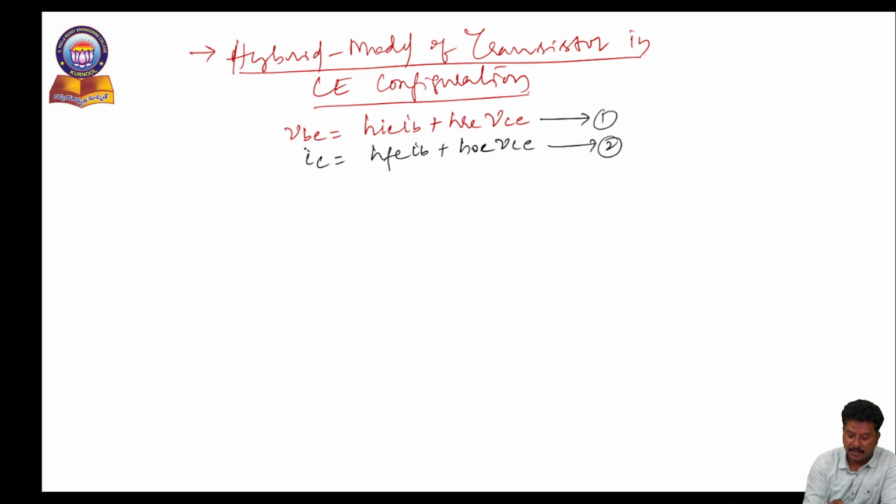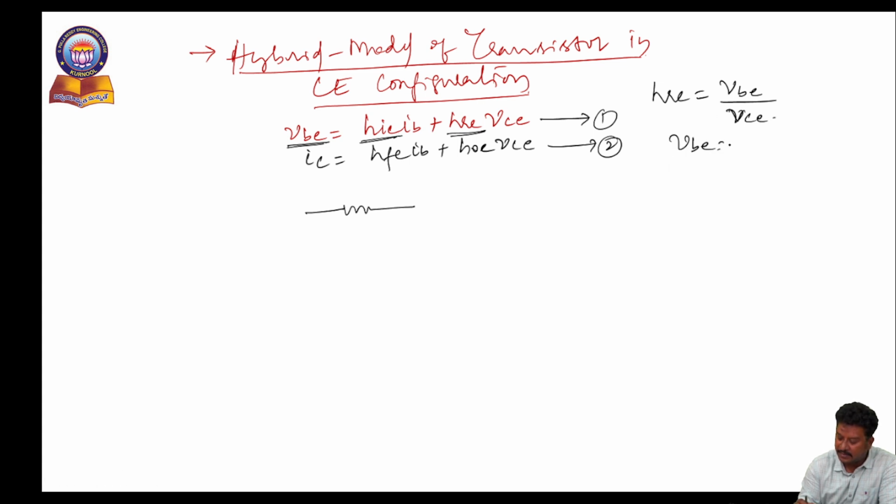If you carefully observe, initially I am framing the first two parameters of the first equation. One is HIE and the other one is HRE. HIE will define the resistive behavior. And HRE is nothing but, by considering the input as open circuited, VBE by VCE, so that VBE is equal to HRE into VCE.